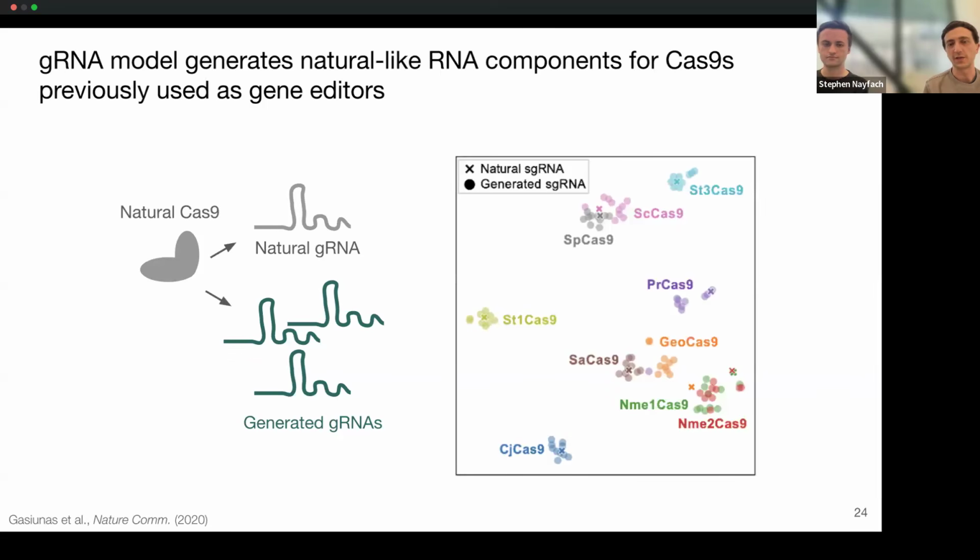When we clustered together the generated and natural guide RNAs from these 10 different Cas9 proteins, we find that they cluster together as expected. So for example, for SpCas9, the generated guide RNAs are at the sequence level quite similar to the natural guide RNA that's found with SpCas9. And so this was the first thing that gave us confidence in the model.